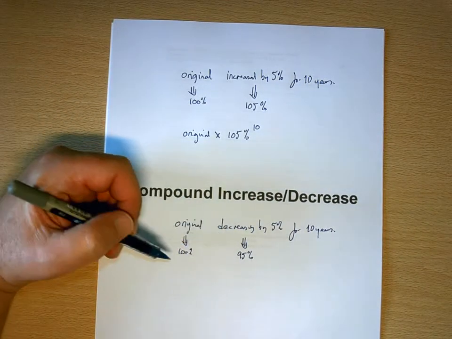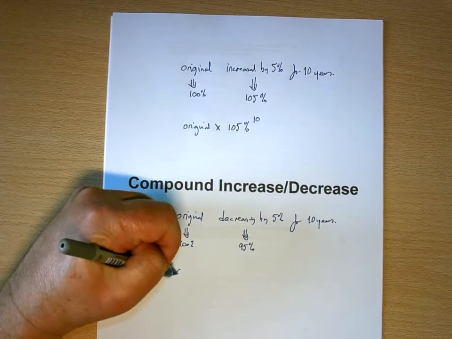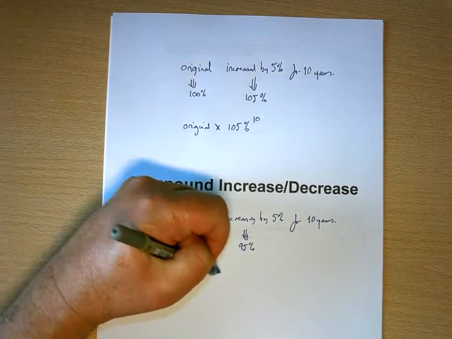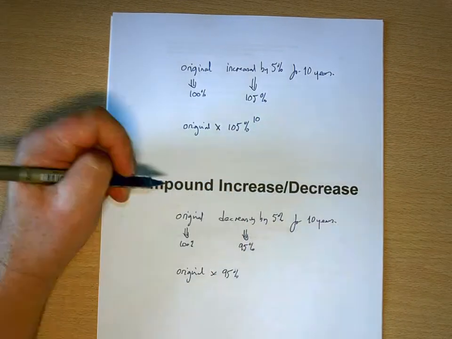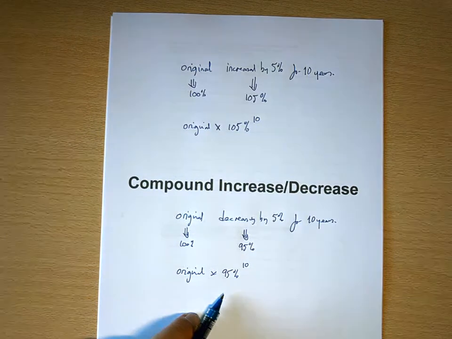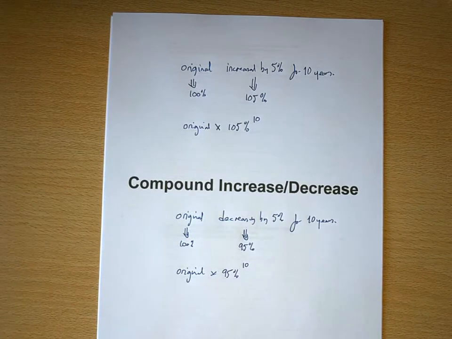Because it's a decrease, you're taking the 5% off. So this time what you'd be doing on your calculator is the original value times 95% to the power of 10. And again, that would tell you what it's worth after 10 years. If they want to know how much it's lost after 10 years, you would take that away from what the original value was.